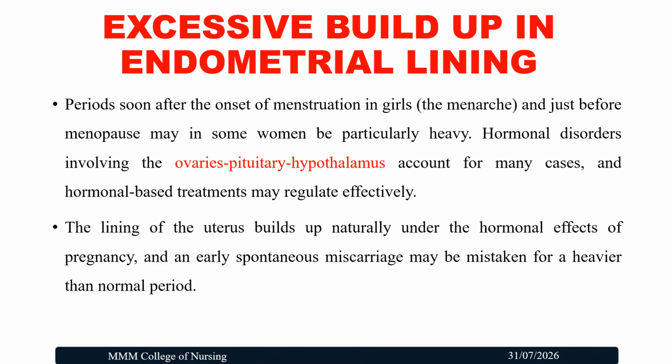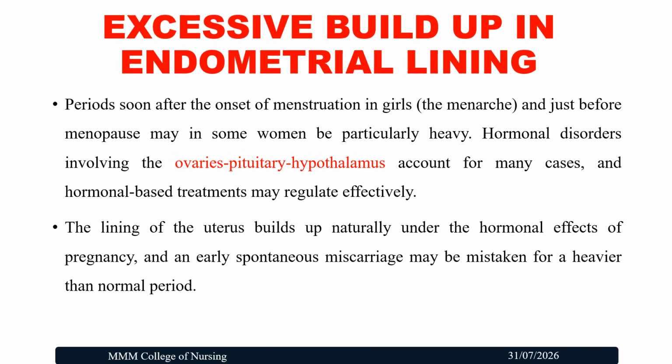Next is excessive buildup of the endometrial lining. Periods soon after the onset of menstruation in girls, that is the menarche, and just before menopause may in some women involve particularly heavy menstrual bleeding.